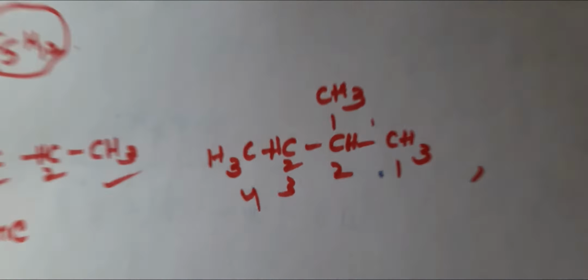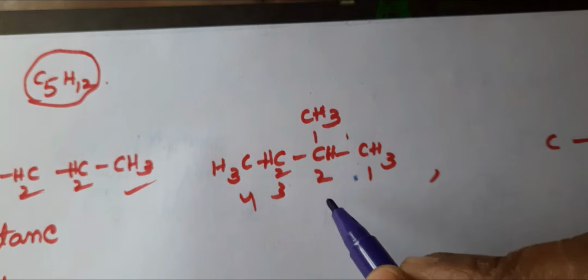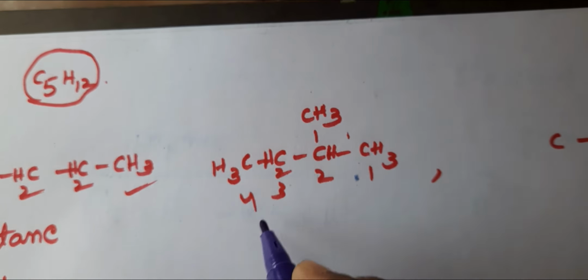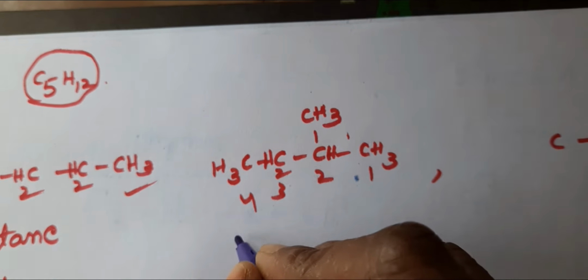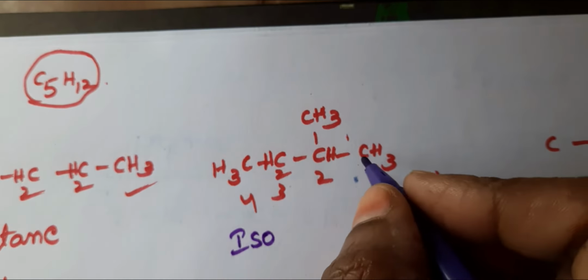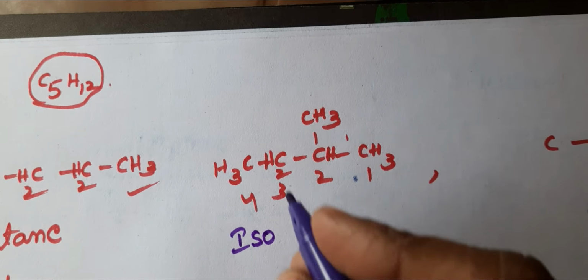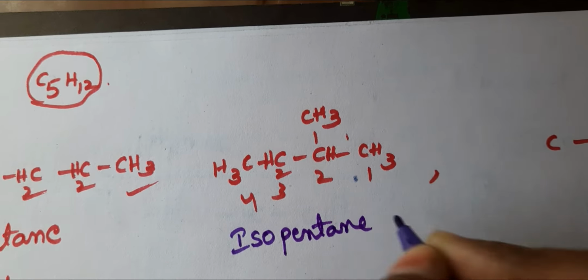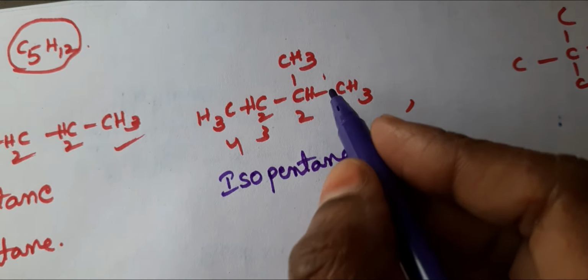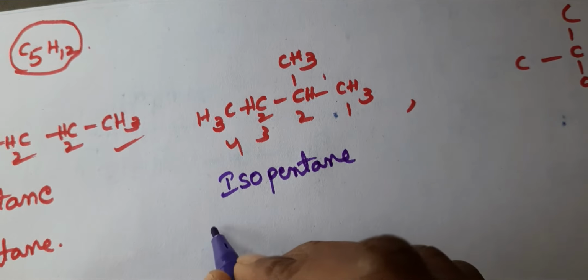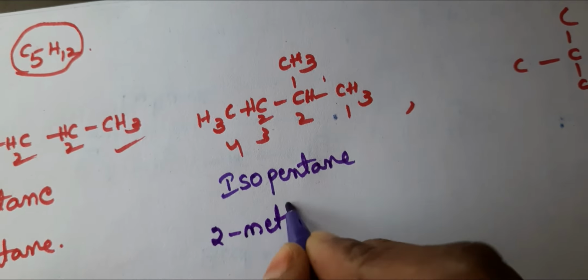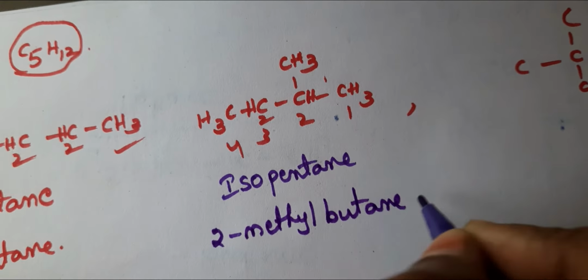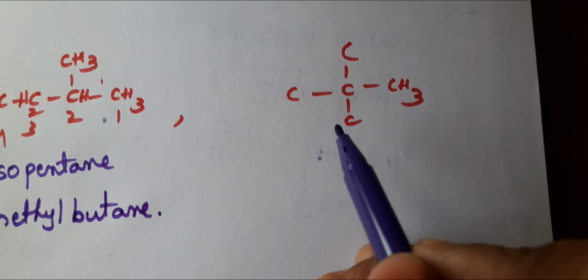The second carbon has a methyl group branch. There are 5 carbons in total, so its common name is isopentane. Its IUPAC name: the second carbon has a methyl group, so 2-methylbutane.